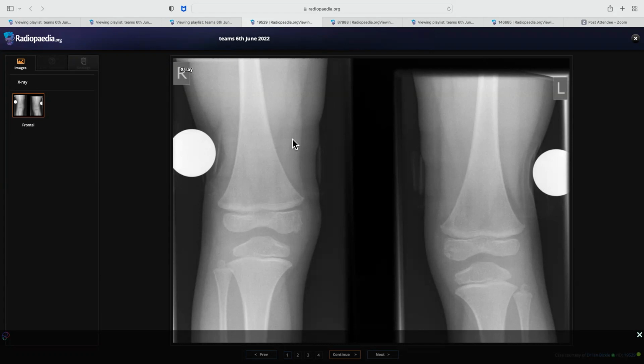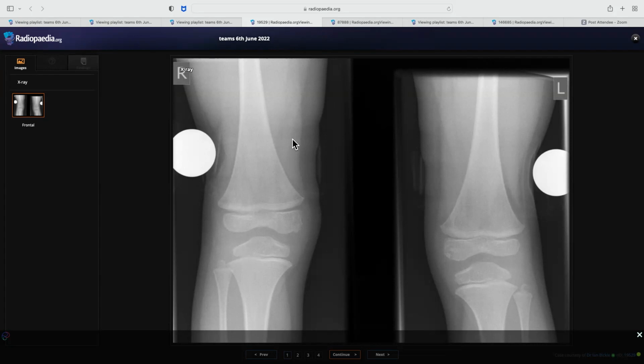Anything striking about this X-ray? There is some hyperdensity in the metaphyseal region. The bones which you are seeing are normal. The soft tissues are normal.